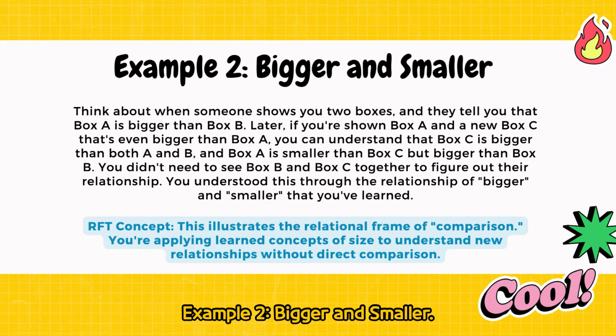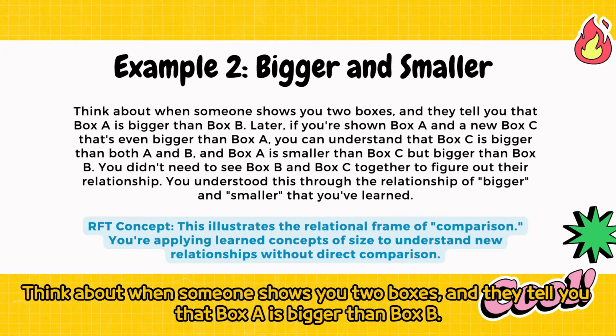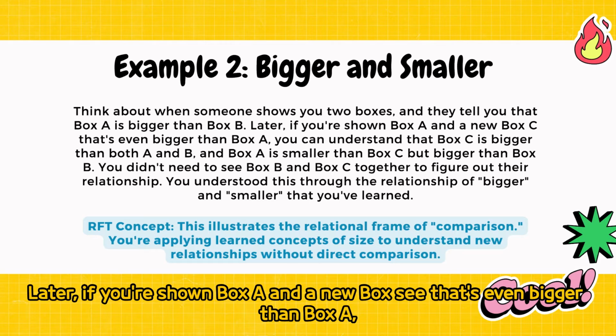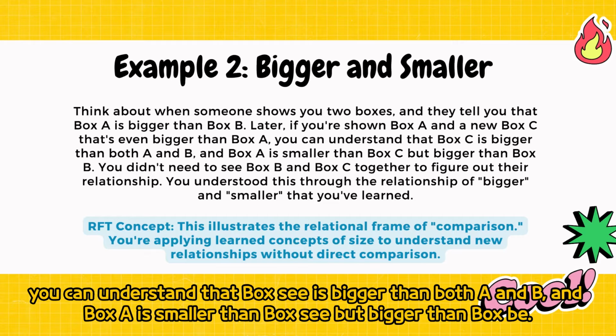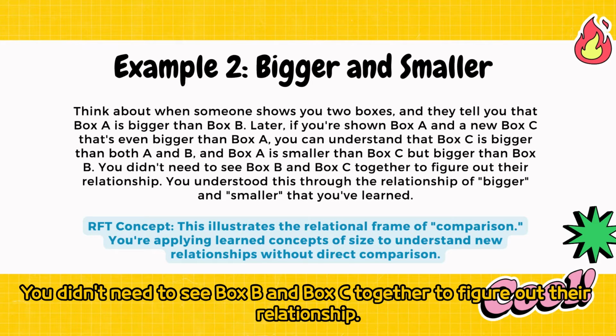Example 2: Bigger and smaller. Think about when someone shows you two boxes, and they tell you that box A is bigger than box B. Later, if you're shown box A and a new box C that's even bigger than box A, you can understand that box C is bigger than both A and B, and box A is smaller than box C but bigger than box B. You didn't need to see box B and box C together to figure out their relationship.